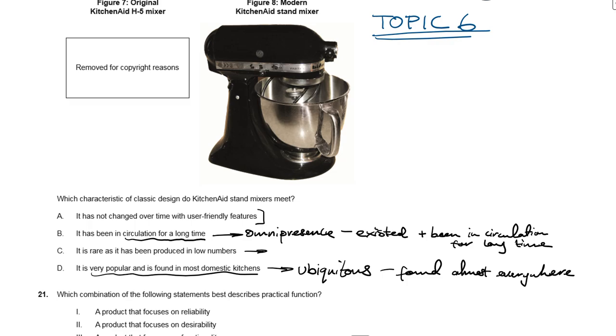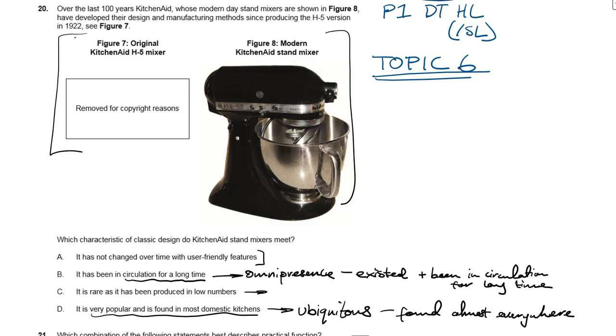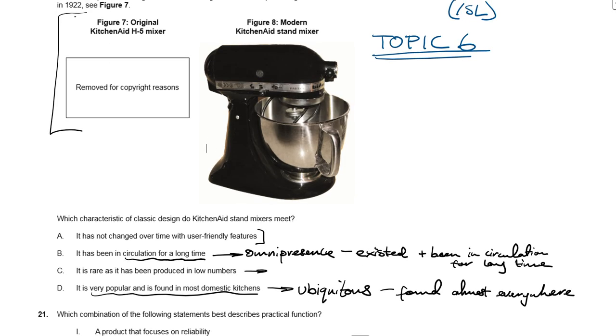So when doing this, we want to read into the question and why they're giving us two images, right? They want us to compare the old mixer to the new mixer. And so they want to see a change. These could be possible options, but these are both equally good options, right? They've either been in circulation for a long time or they've been very popular and are found in most domestic kitchens. And so those are both equally valid options for classic design characteristics.